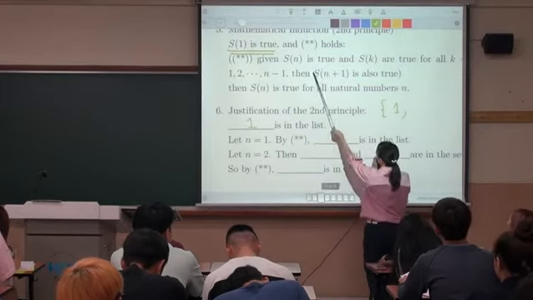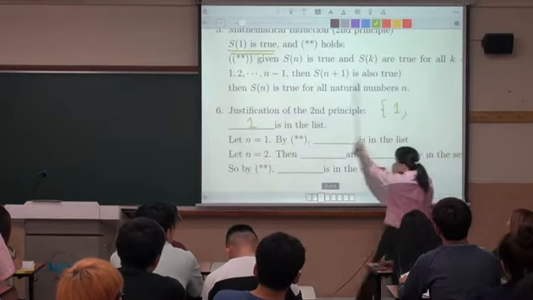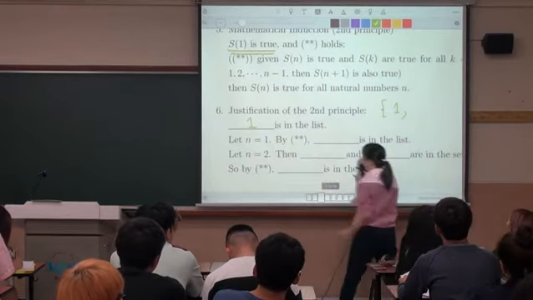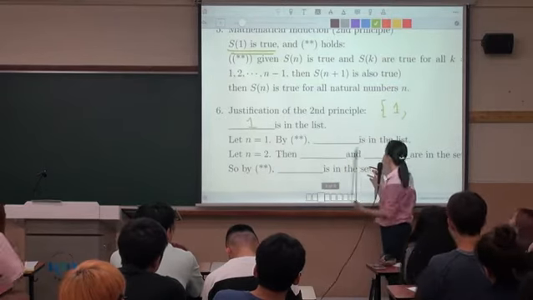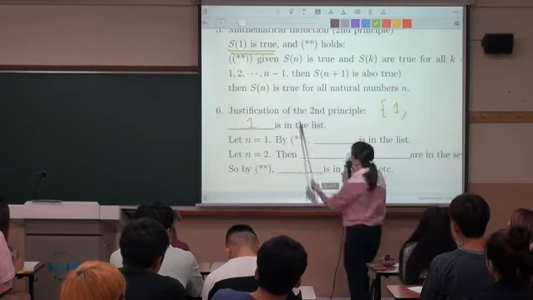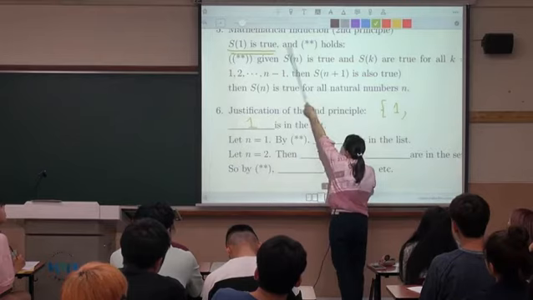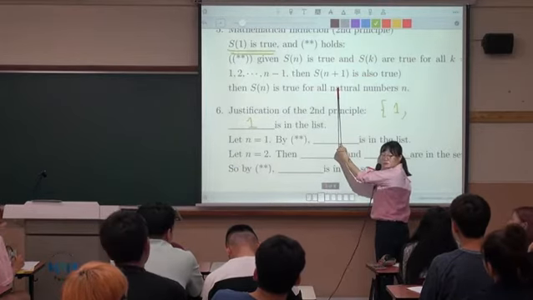So given Sn is true and Sk are true for all k starting from 1 to n minus 1. But n is 1. Since n is 1, is there anything before n? No, because n is the starting number. But by double star, if this is satisfied, what is also true? Sn plus 1 is also true, right?